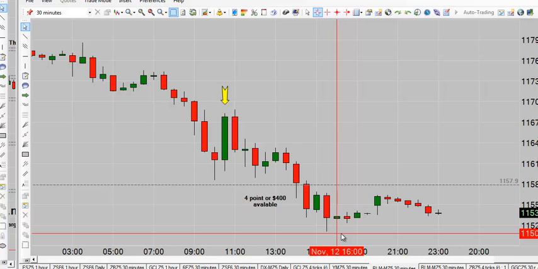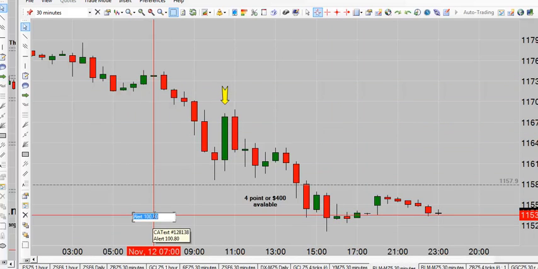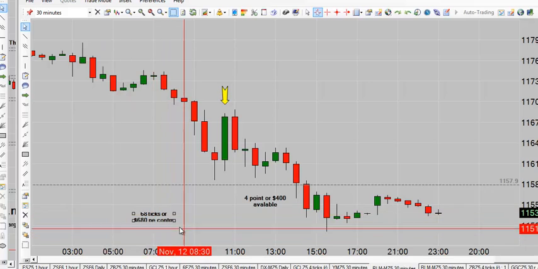That's going to be 6.8 points. That's going to be 68 ticks, or $680 per contract. That's what the market made available.